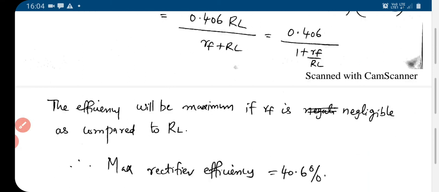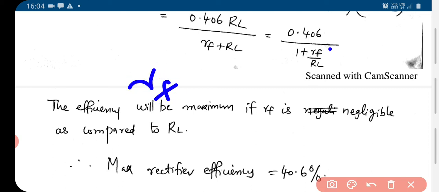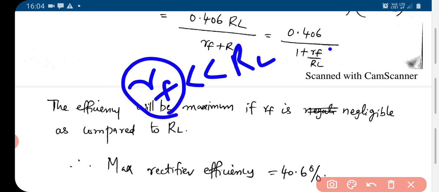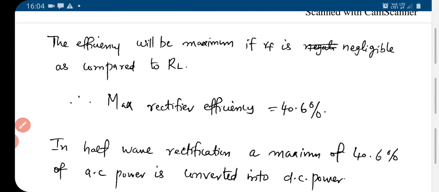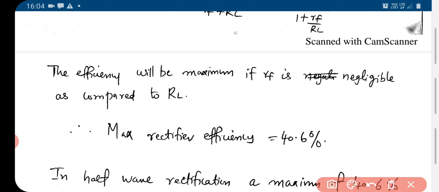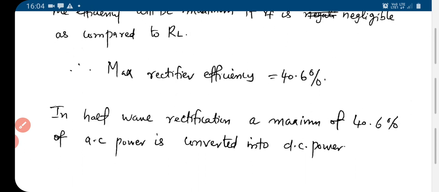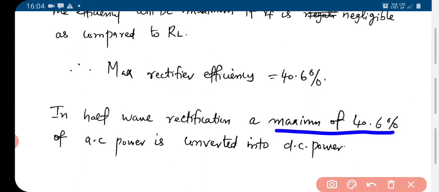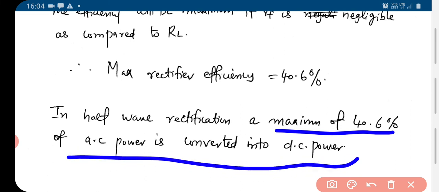The efficiency will be maximum when Rf is much less than RL, that is, if we can neglect the small Rf. So the maximum rectification efficiency is 40.6%. So in half wave rectification, a maximum of 40.6% of the AC power is converted into DC power.